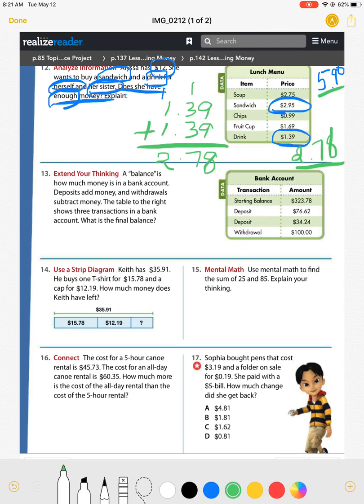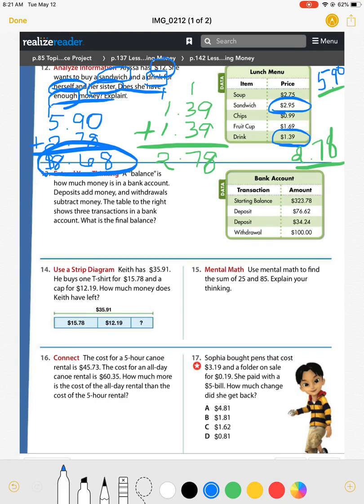So we're going to go back and add those two totals together, the sandwich and the drinks. $5.90 plus $2.78. 9 plus 7, 16. 5 plus 2 is 7, plus 1 is 8. So this would cost her a total of $8.68. And she has $12 to spend.